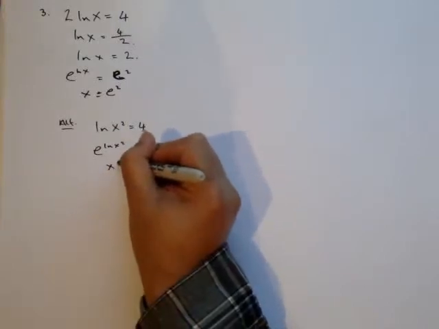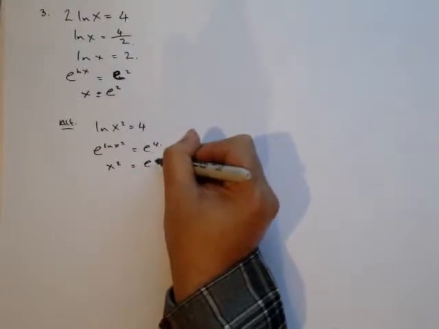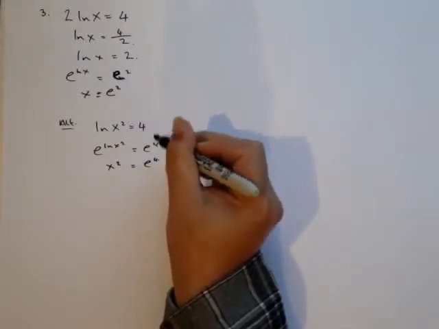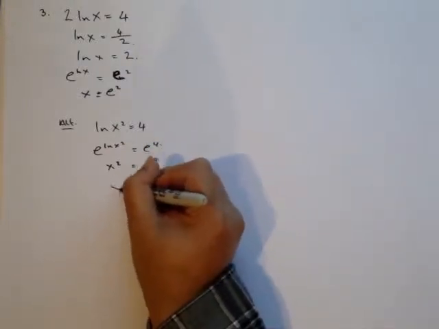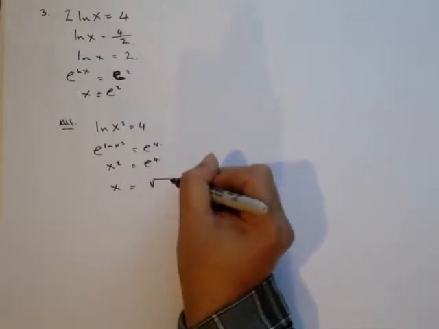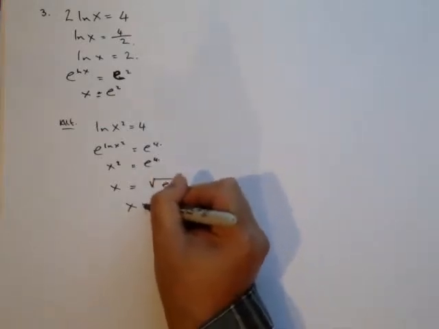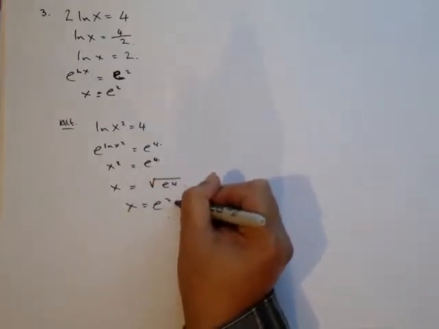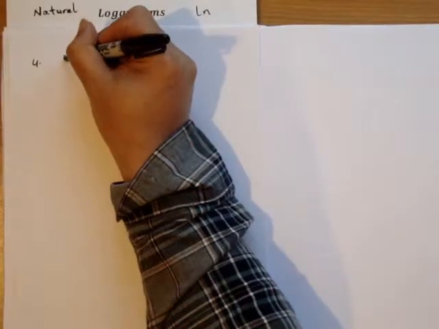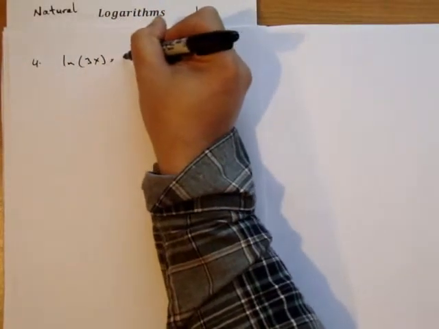X squared equals e to the 4. So x equals square root of e to the power 4, and x equals e squared.